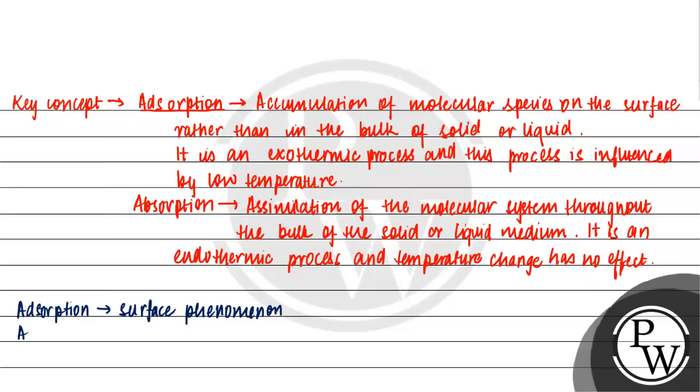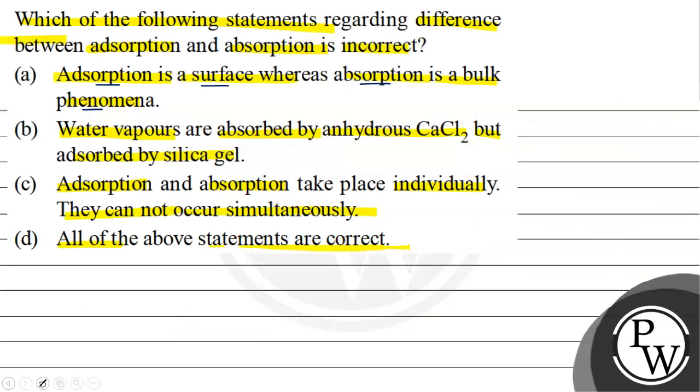Whereas absorption में हमारी जो molecular species होती हैं they get dissolved or we can say dispersed in the bulk of liquid or solid. So it is a bulk phenomenon. तो हमारा जो A option है it is true or we can say correct.